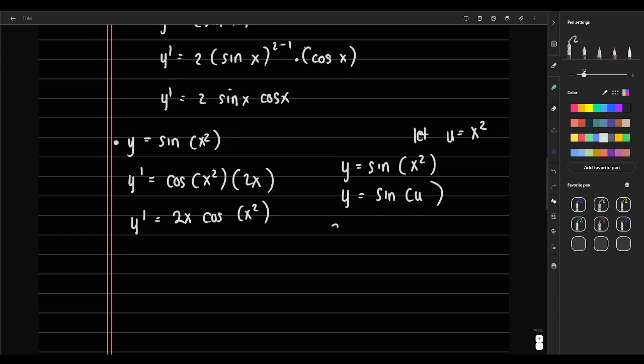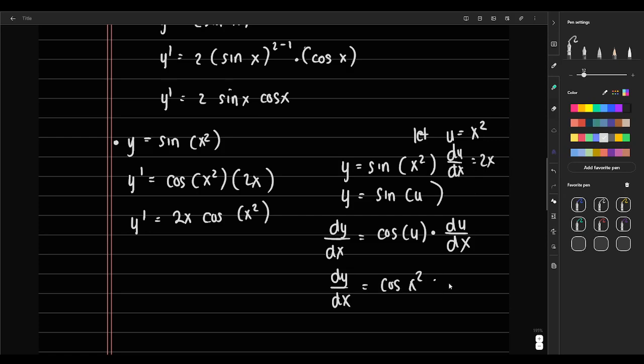Now you are to derive dy over dx. That would be equivalent to cosine of u and the chain effect, which is du over dx. So dy over dx is cosine of x squared times du over dx, which is equal to 2x. That gives us the same value.